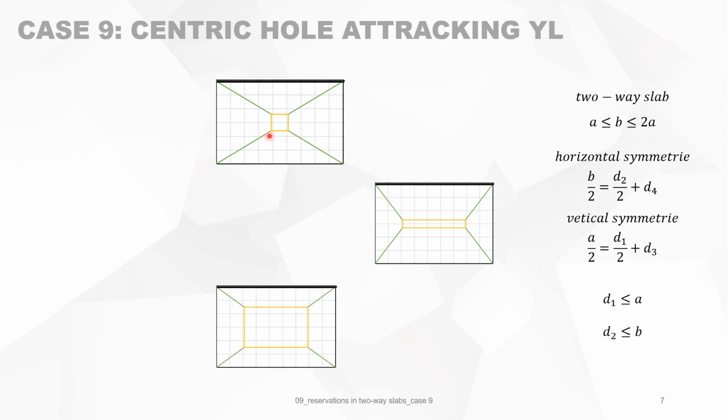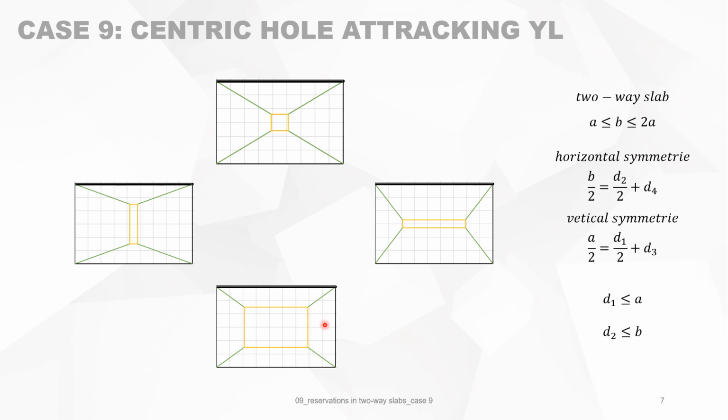Again, now what does that give in reality? Well, you have different cases of centric reservations attracting the yield lines. You can have this or that or this. Now we must take care that when this centric hole is approaching the support of the slab, you get a situation which is not realistic in real life.